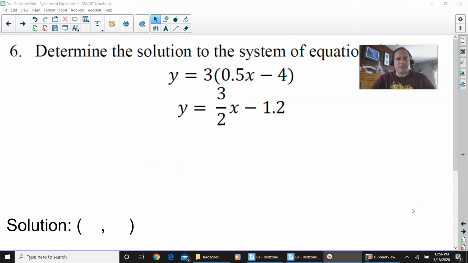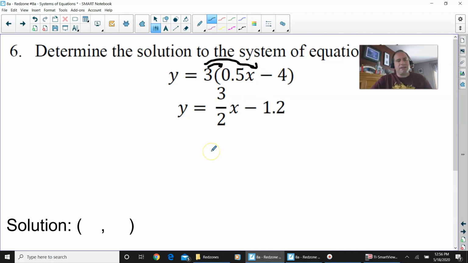All right, so number 6, you have y equals 3 times, in parentheses, 0.5x minus 4. Remember, go ahead, do distributive property first. And they're both equal to y again, so you do distributive property, and then you'll get the y equals, change that 3 over 2 to 1.5x, set them equal to each other, and then solve for the x.